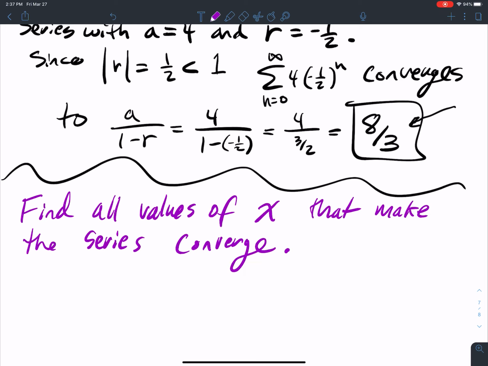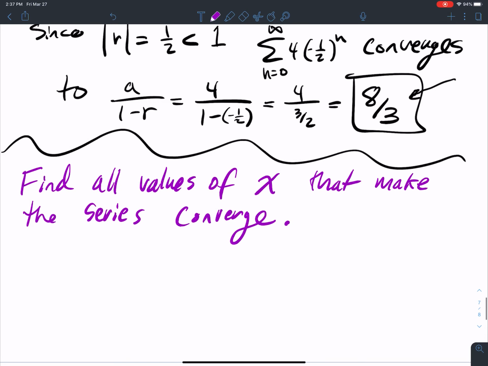Okay, this is kind of where the class is heading to eventually, all right? We're going to find all x values for which the series converges. So you're given a series n equal 1 to infinity, x over 2 to the n.